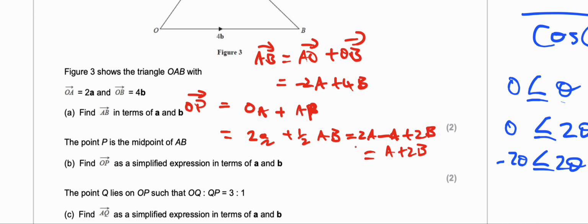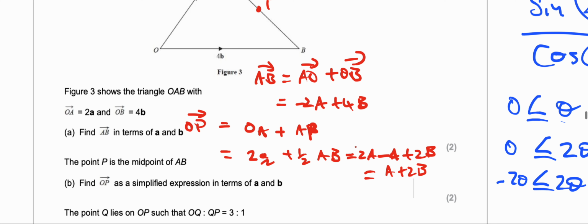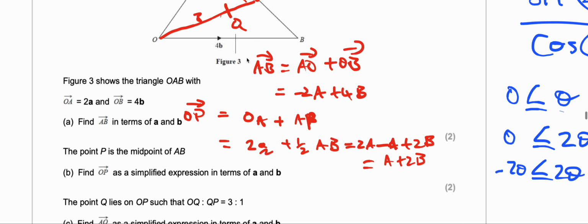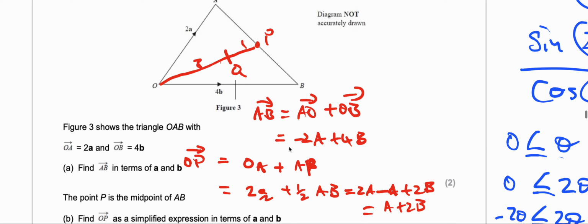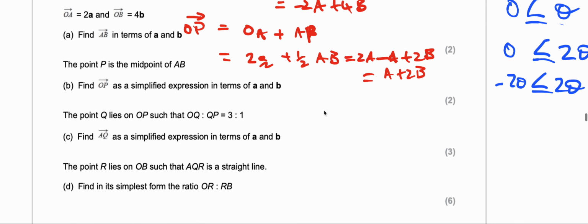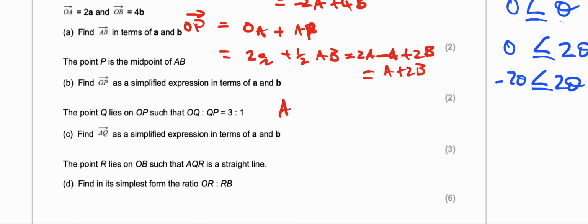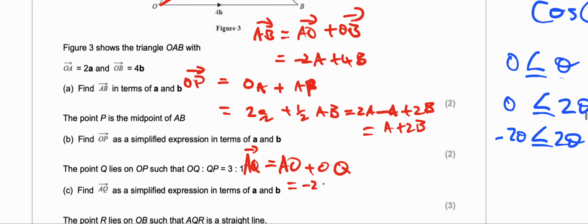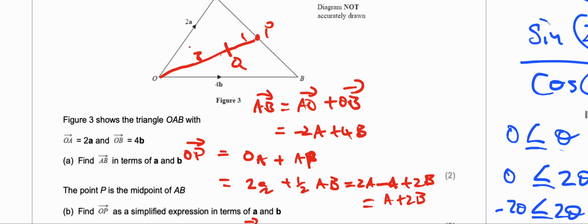Point Q lies on OP such that OQ to QP is 3 to 1. Yep, so we've broken it into those parts. Find AQ. So you would go from A to O, and then O to Q. AO, as you know, is minus 2a. And OQ is what fraction of OP?